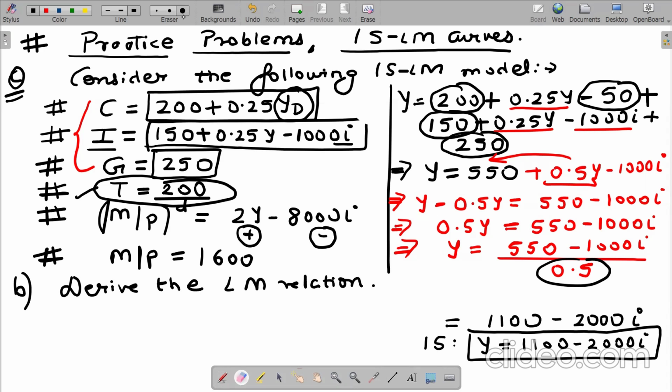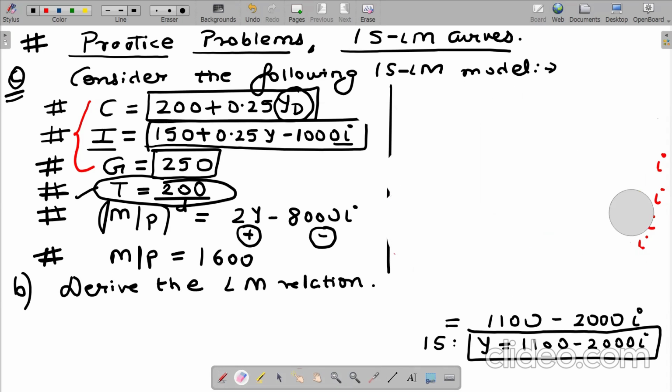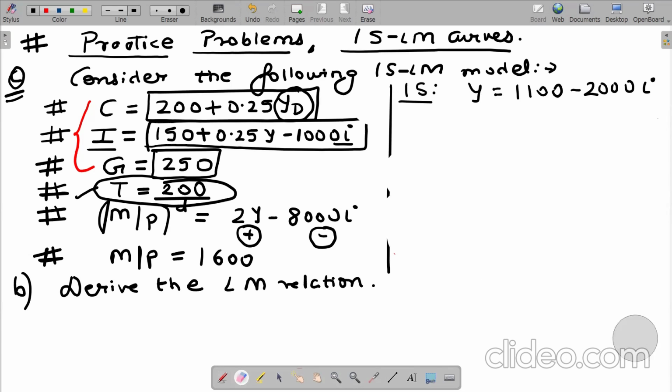So I'm erasing all this now, and on the right hand side, I'm just writing the IS equation again for perfect clarity. The IS curve I've got has come out as y is equal to 1100 minus 2000i.